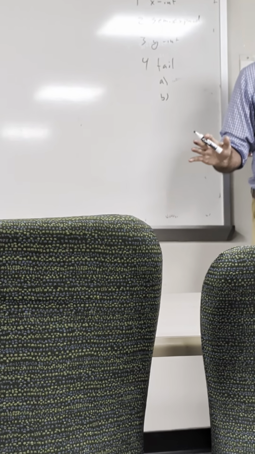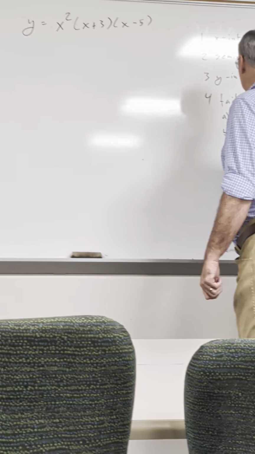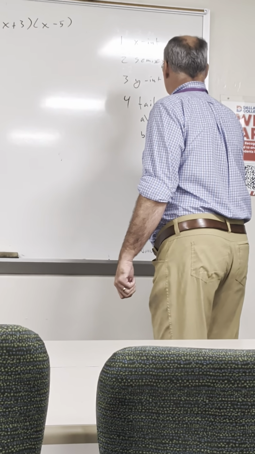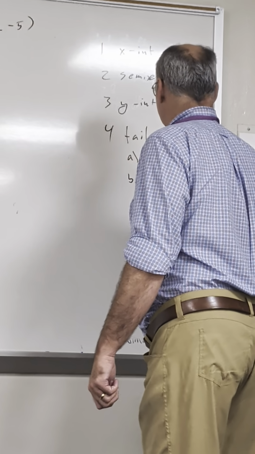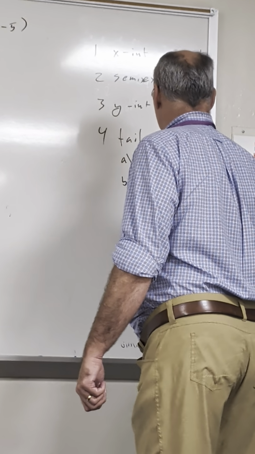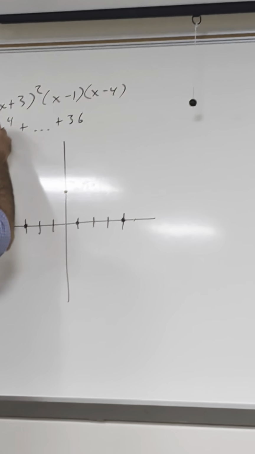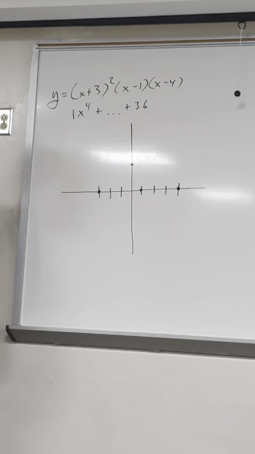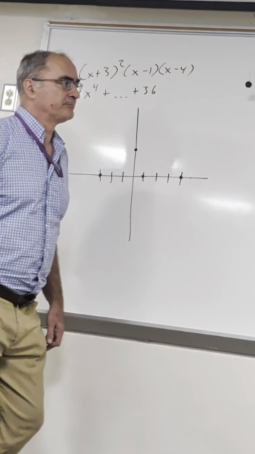I've got 2 different tests. I'm going to do them in order. First off, the coefficient in front. If a is greater than 0, it ends high. If a is less than 0, it ends low. In this case, a would be a 1. The first term is 1 times x to the 4th. We never bother writing the 1.